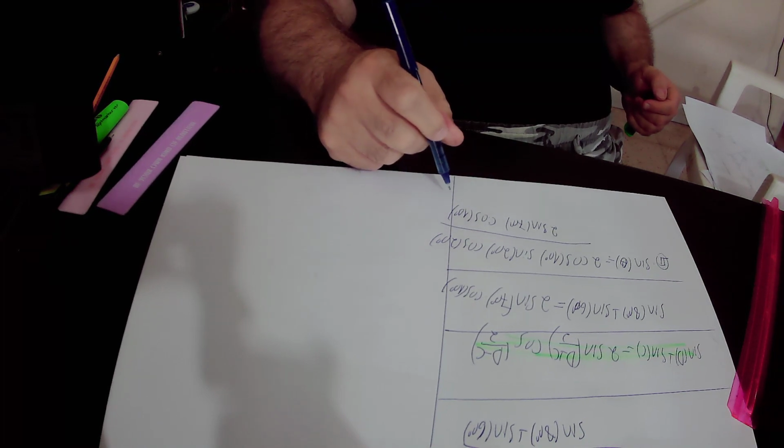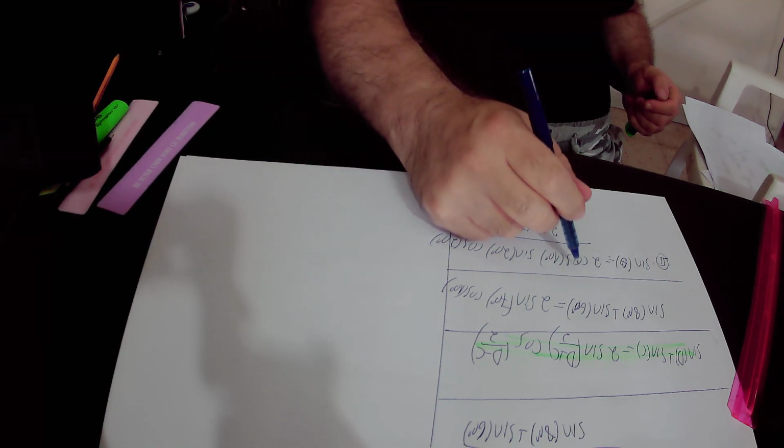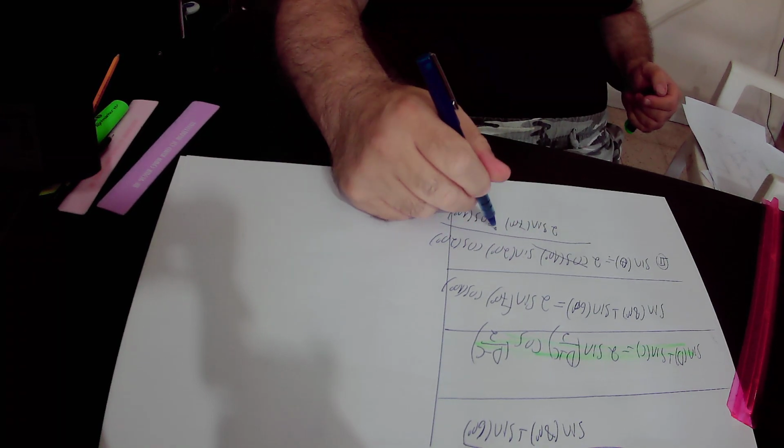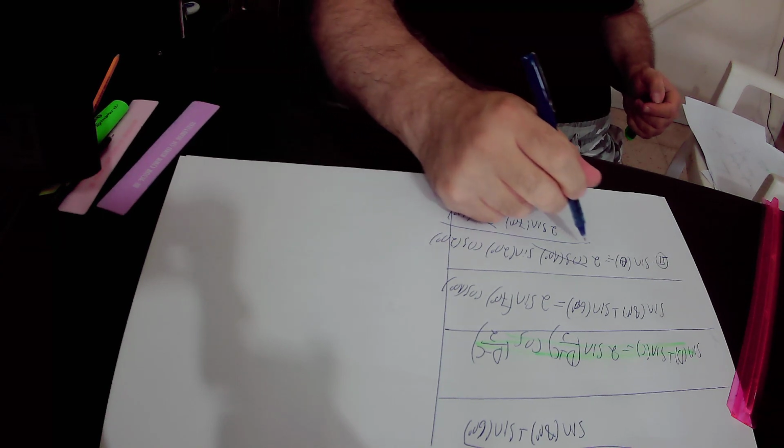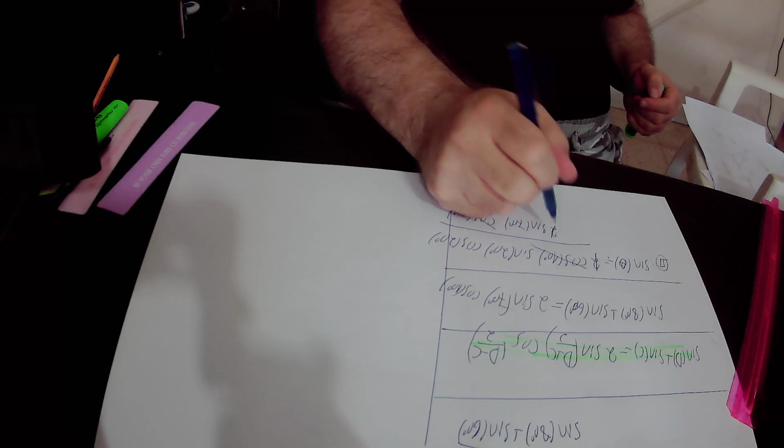So here we have cosine 10 degrees in the numerator and cosine 10 degrees in the denominator, so cosine 10 degrees will get cancelled. And we have 2 in the numerator and 2 in the denominator, so 2 will also get cancelled.